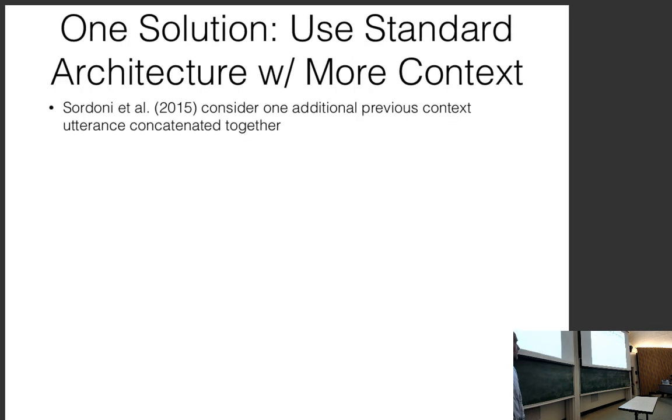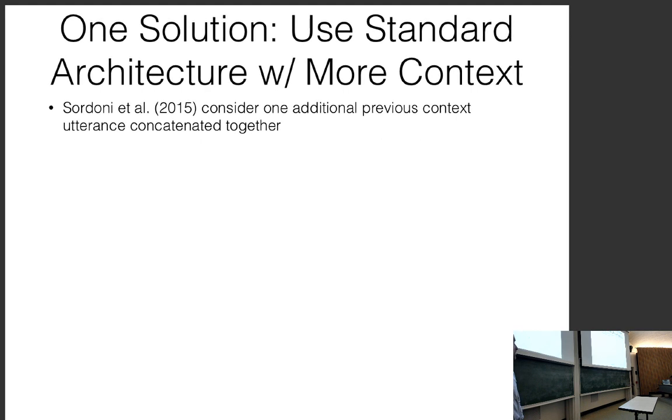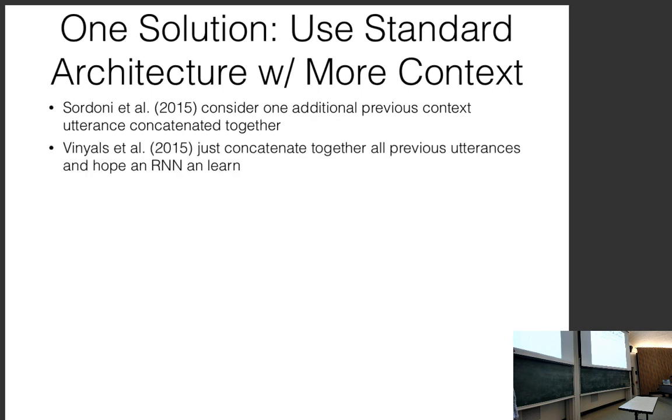So, as I said, the Sordoni et al. paper considered 1 additional previous context utterance. The Vinyals et al. paper, which was introduced in parallel, just concatenated together all of the previous utterances and fed them into 1 big RNN. And because they were Google and made the RNN really big and deep, and had lots of data, it actually kind of worked.